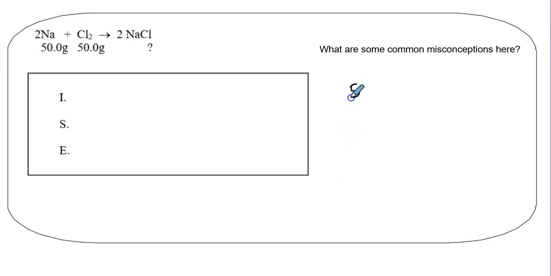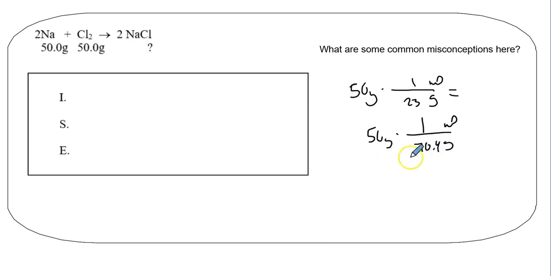All right, so we have 50 grams of sodium, and that's grams to moles. 1 mole is 23. 50 grams to moles. 1 mole is 70.4. Now again, here someone might say we have equal grams, way larger molar mass. That means this number is going to be way smaller, which means this might be my limiting.